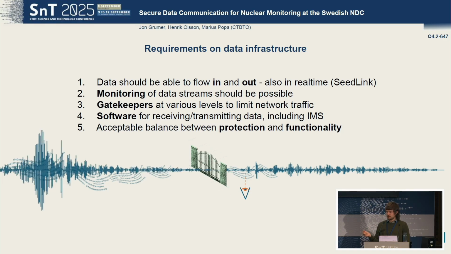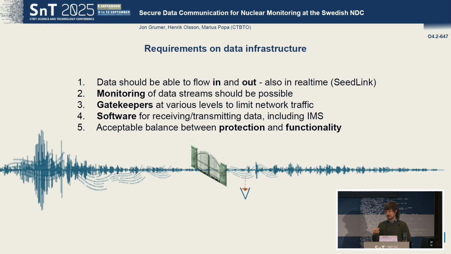And what do you need? You want data flowing into the house and out from the house, in real time, as I just said. But you also want to monitor the data as it flows in to make sure nothing shady is going on, and put up various types of gatekeepers to limit the network traffic.